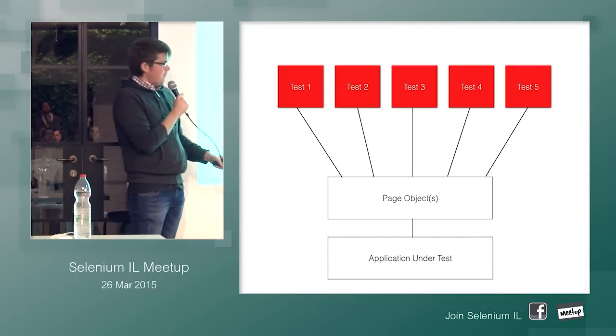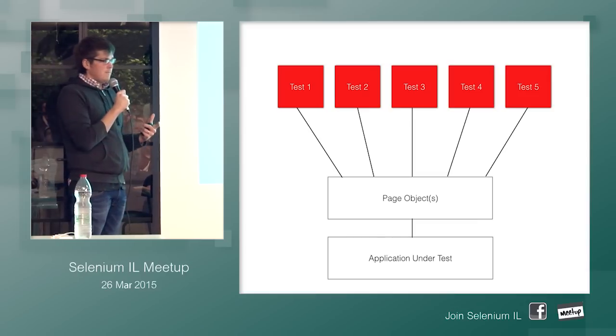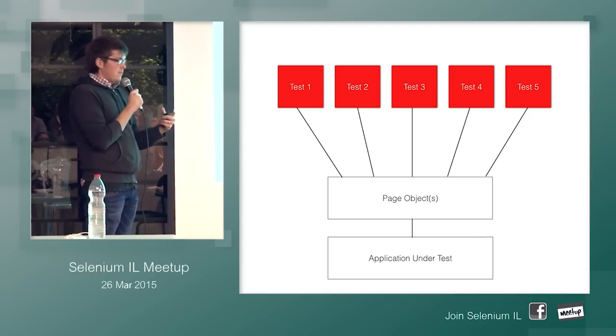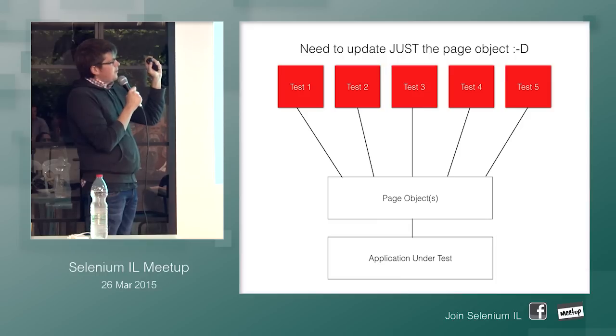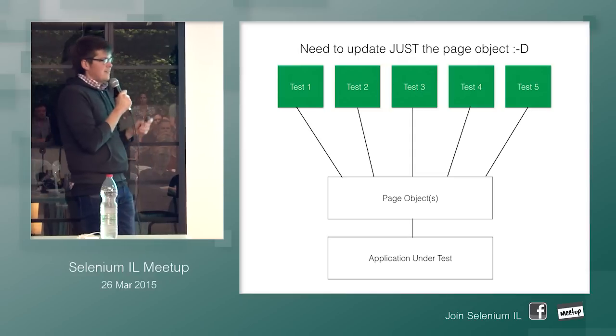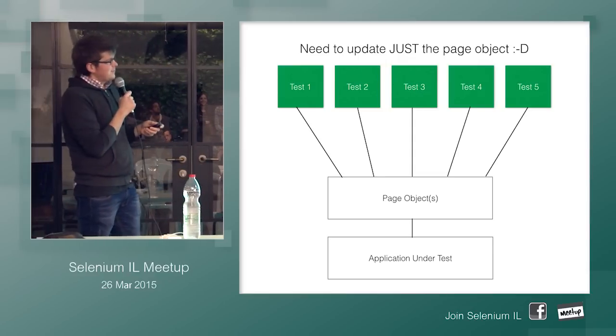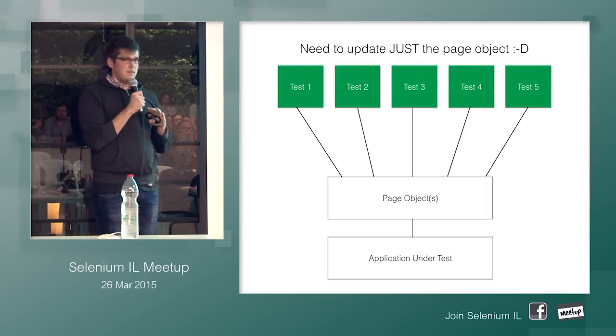We can create a page object, a class, that represents features in our application, and put our locators there, and write our tests against that. And that way, we only have to update just the page object to make all of our tests pass again. And then we smile. And we're happy again. So do that. It's probably one of the most fundamental things that every test automator does. It's the most common pattern that's used because it's the most useful one.